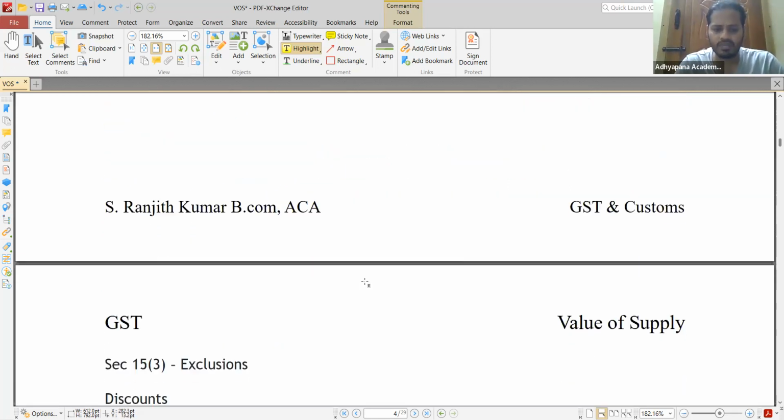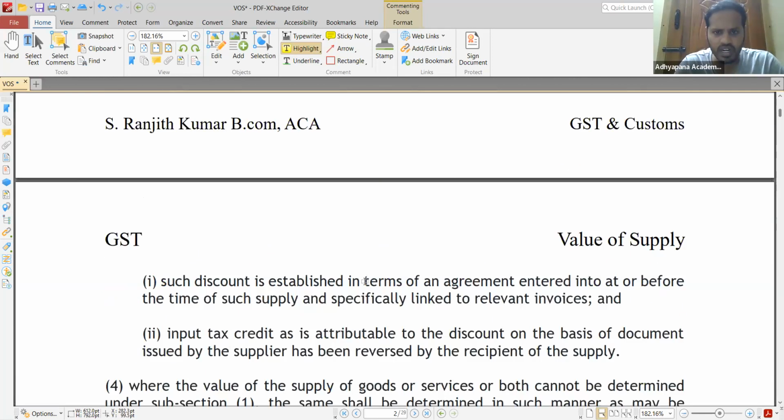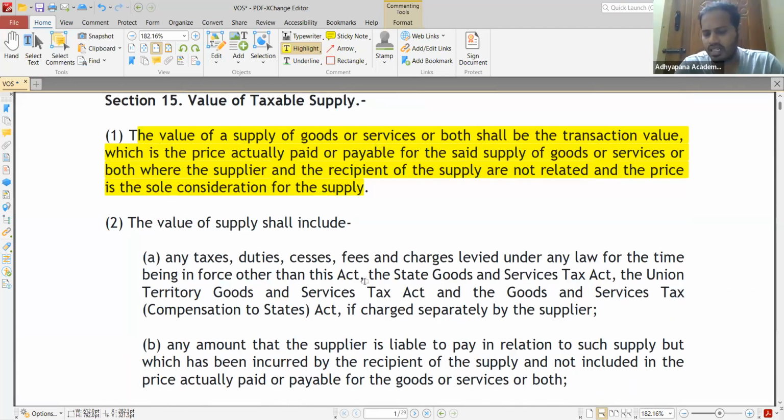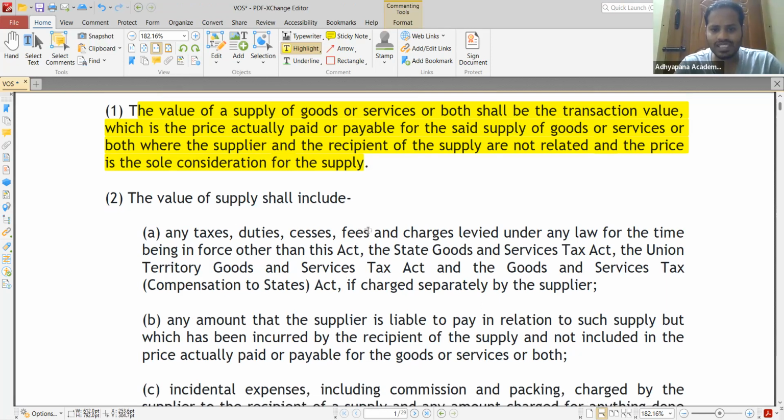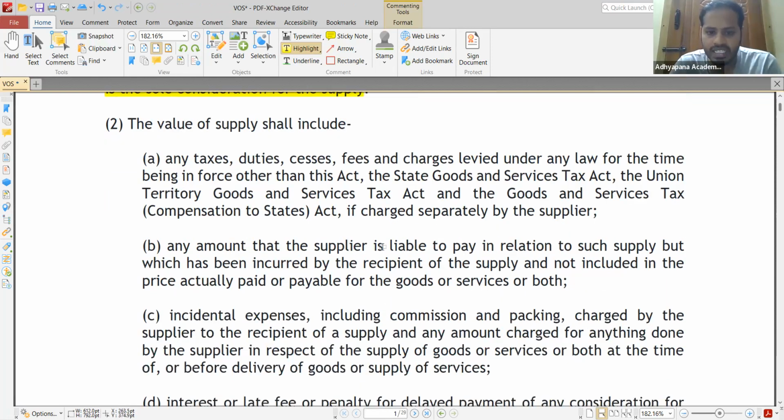So you want to see how these things are drafted in the Act. Any taxes, duties, cesses, fees, and charges levied under any law for the time being in force, other than the state goods and services tax, if charged separately by the supplier. Any amount that the supplier is liable to pay in relation to such supply but has been incurred by the recipient of the supply and not included in the price actually paid or payable.